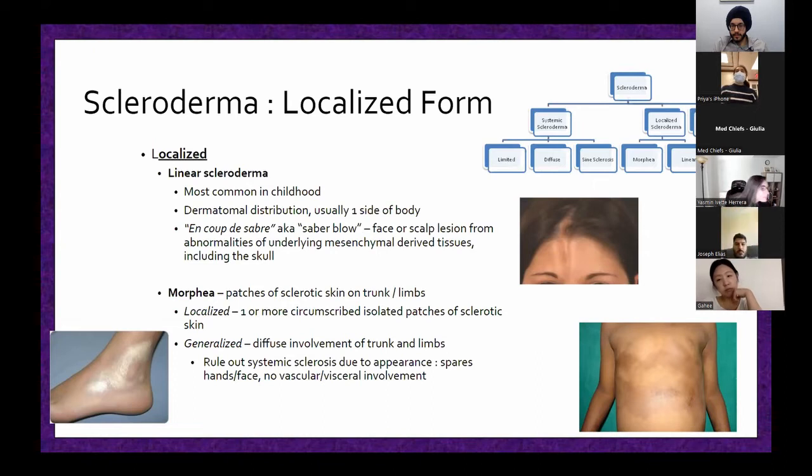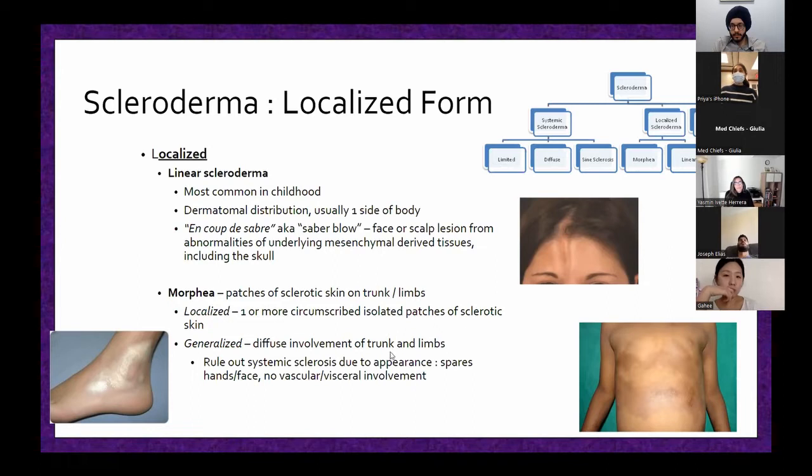Morphea is another type of localized scleroderma, which you may see. And it is one or more circumscribed isolated patches. If you can see here on this image, it's localized as white, sort of hypopigmentation of the area here, not to be confused with vitiligo. The skin is actually indurated and thick.